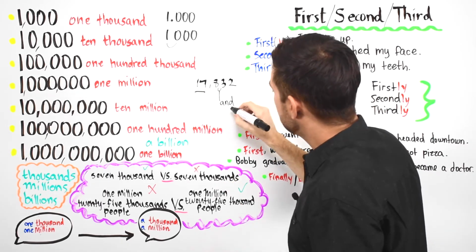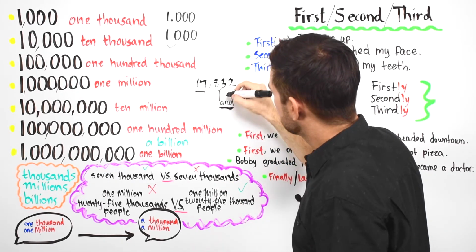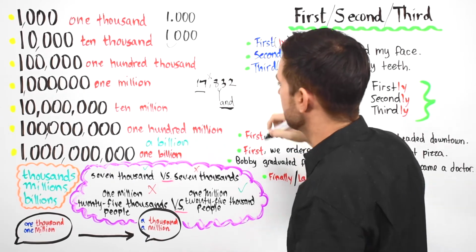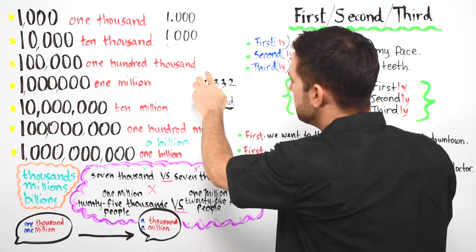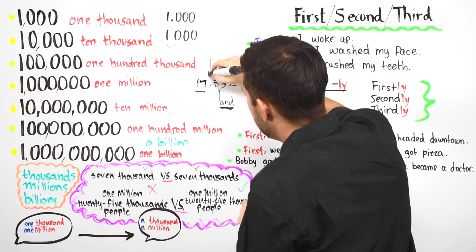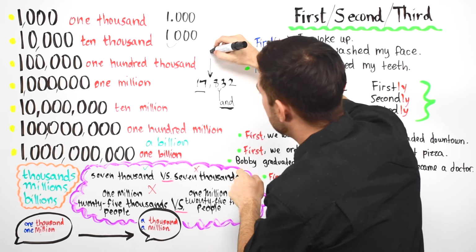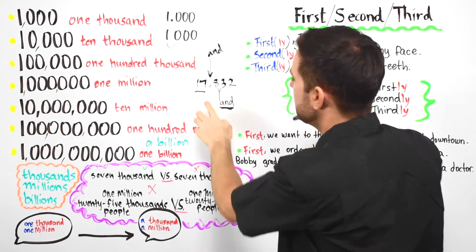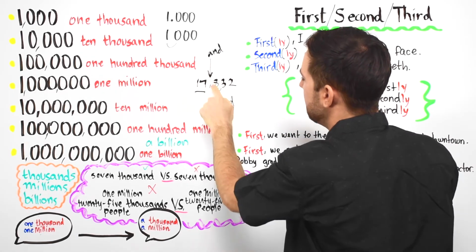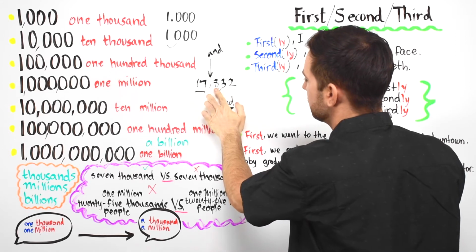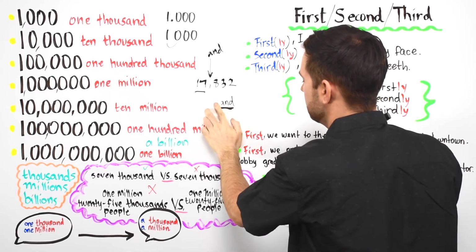So if they put and right here, okay, then they won't put and right here. But if you say 17,832, you only can put and right here, okay? You cannot say 17,832. Okay, that doesn't sound too good.